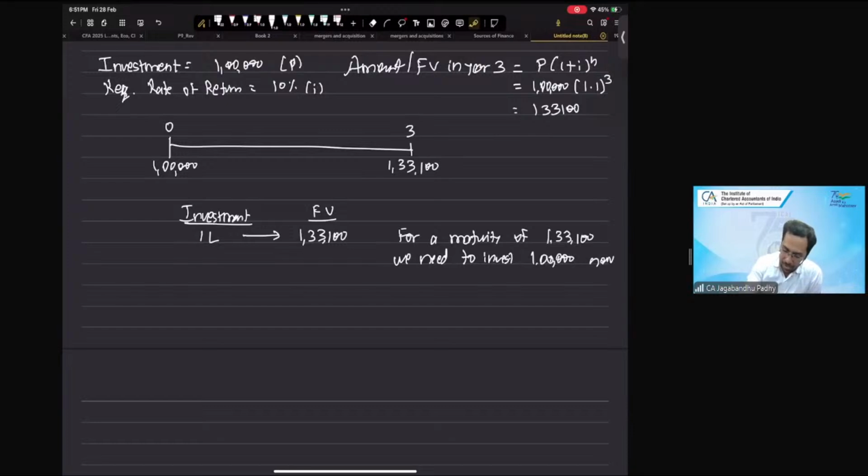So can I say 1 lakh? That should be the amount that we should invest today, which is 1 lakh.